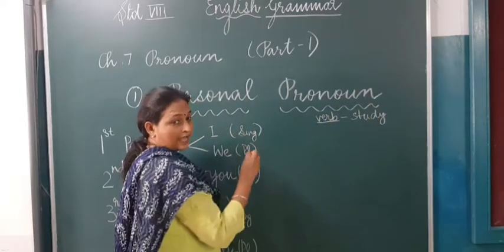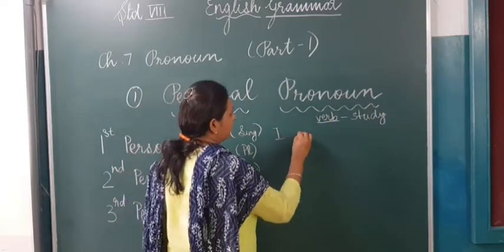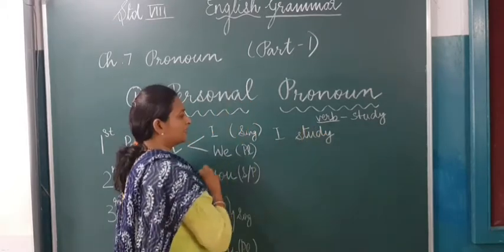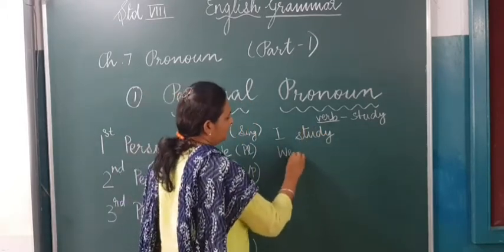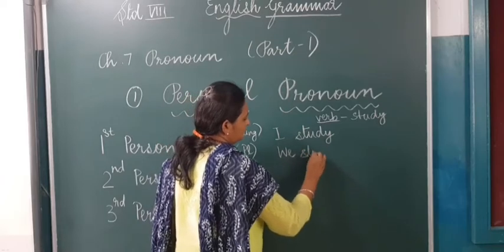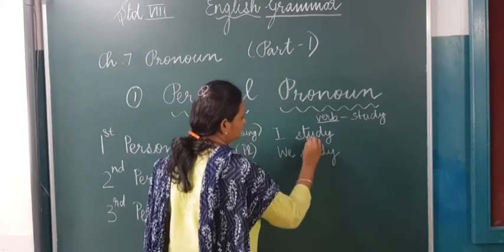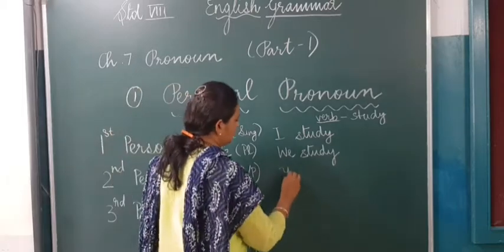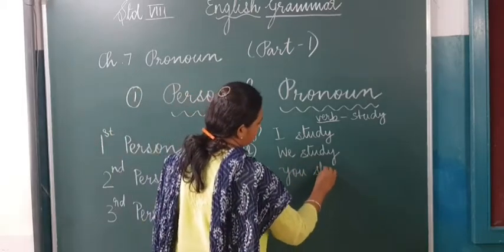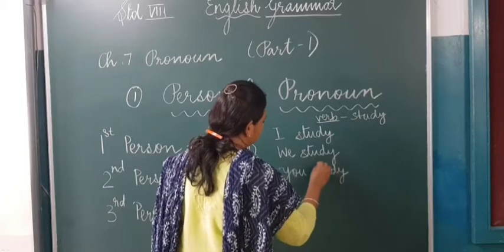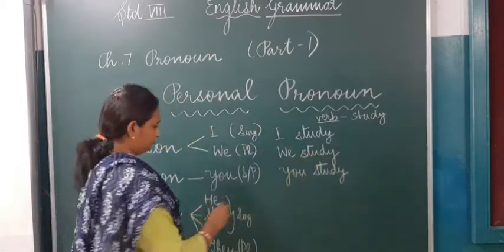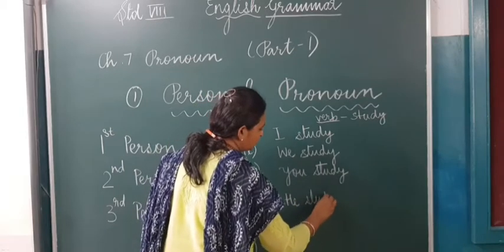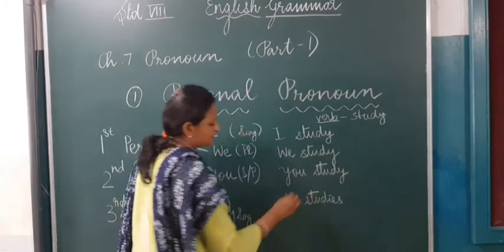So, if it is I, then I will be writing I study. If it is we, it will be we study. Okay? And if it is you, it is always you study. He studies.